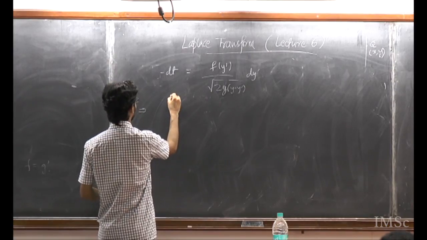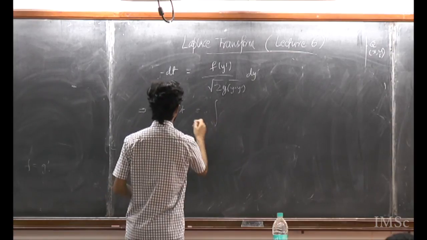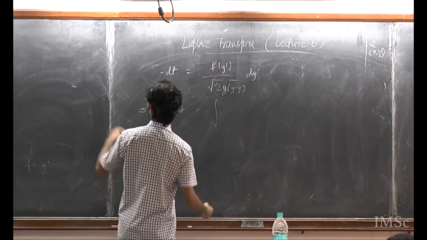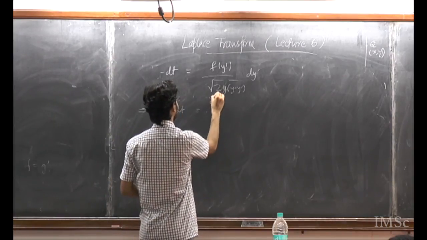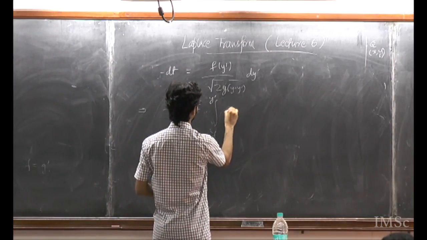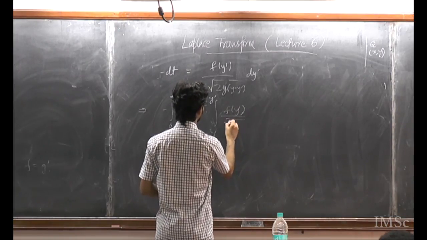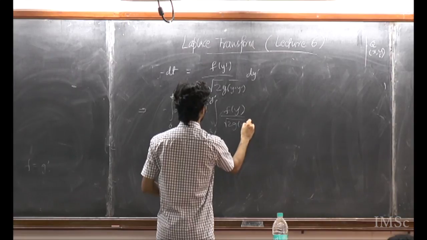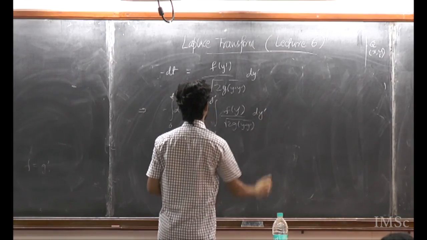So if you integrate from 0 to t dt, this is an integral starting from y and ending in y prime, of f of y prime over root 2g (y minus y prime) dy prime.